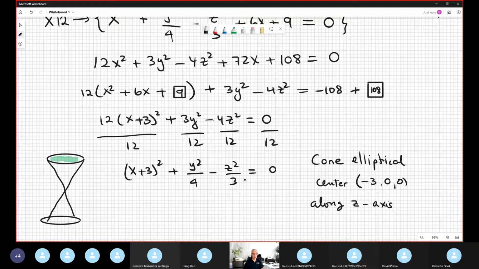And your identification: x, y, and z are present in my formula, squared, everything. Of course, no linear because I complete the square. And this is a double cone. The cone is always along the axis that is different. So the negative one is z, so my cone is along the z-axis. Super clear?